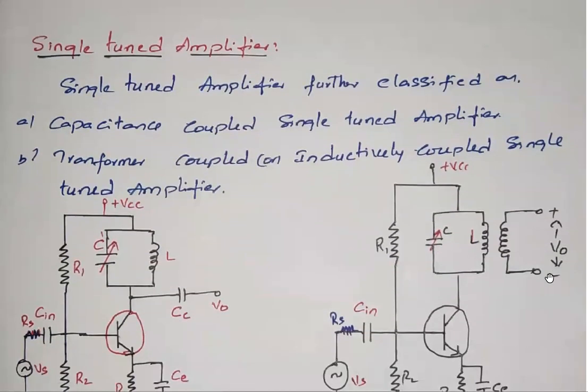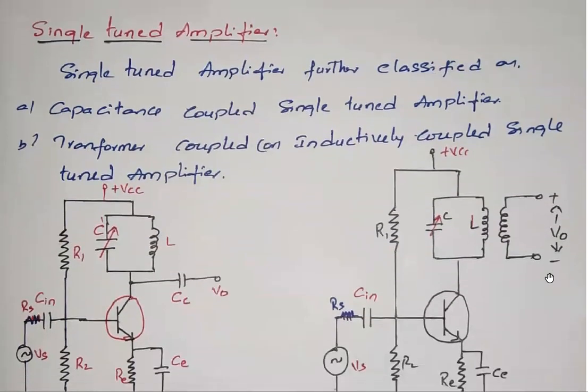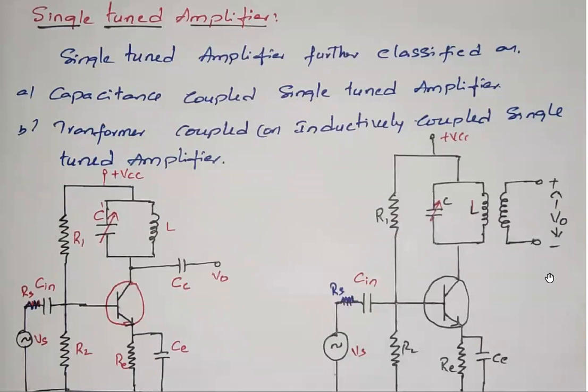See the circuit diagram for the single tuned amplifier. Single tuned amplifiers are classified in two ways; you can use either of these circuits. The first circuit is capacitively coupled, and the output is taken across the coupling capacitor CC.